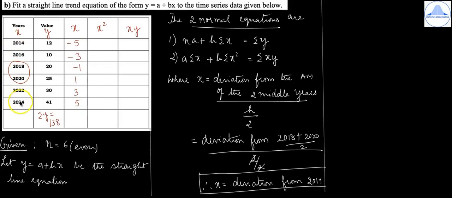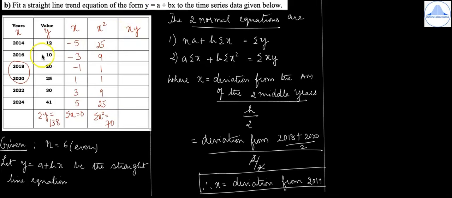So take each year and subtract it from 2019 and these are your x values. Our aim is always to make summation x equal to 0. Next find out x square. So minus 5 square is 25. Then you'll get 9, 1, 1, 9 and 25. So remember that whenever you square a negative number, it will become positive. So summation x square, we get it as 70.